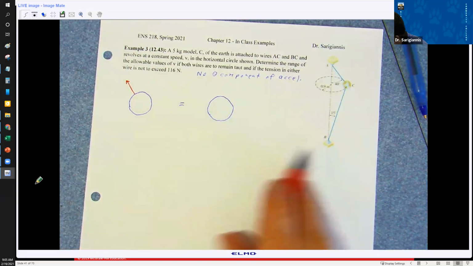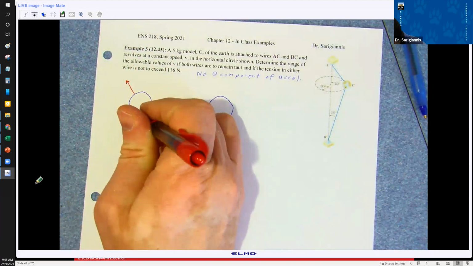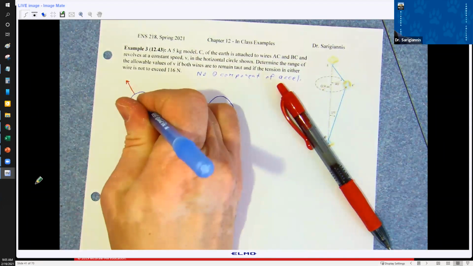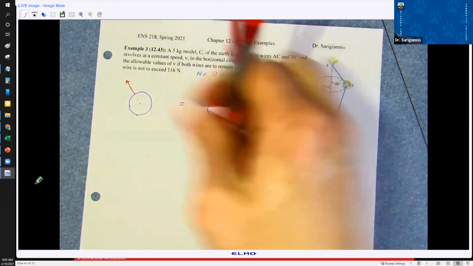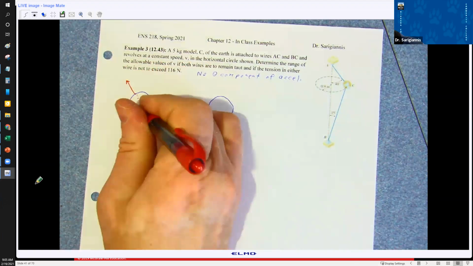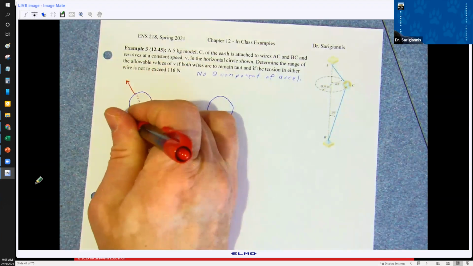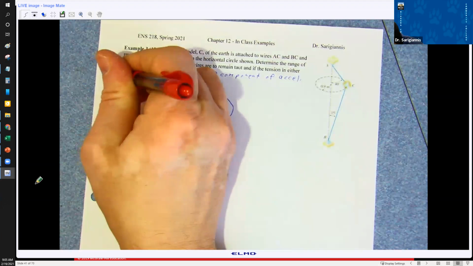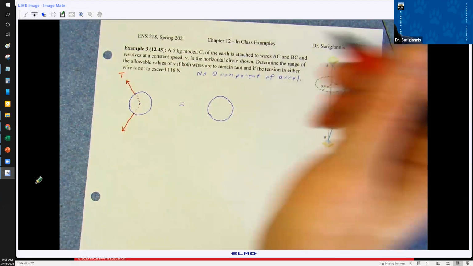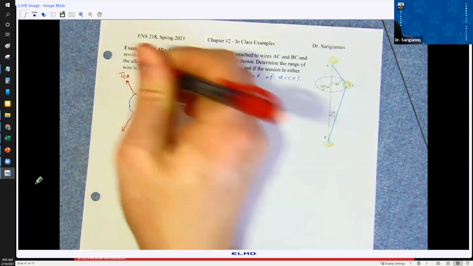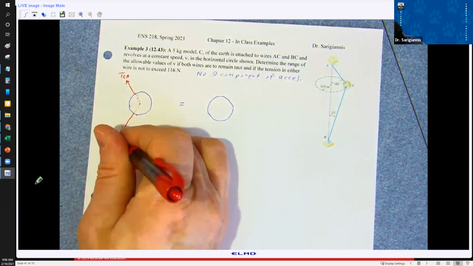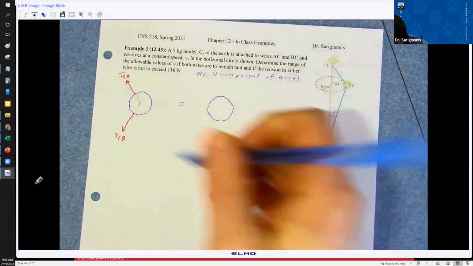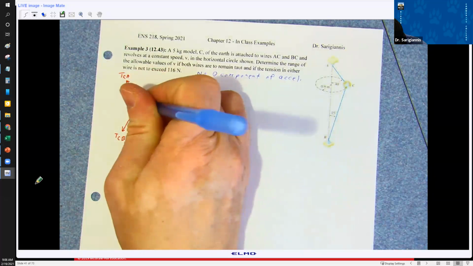And notice this is 15 degrees from the center. I'll draw a center in here. So I'm going to call this tension CA, and this is tension CB. So from point C to point B, point C to point A.